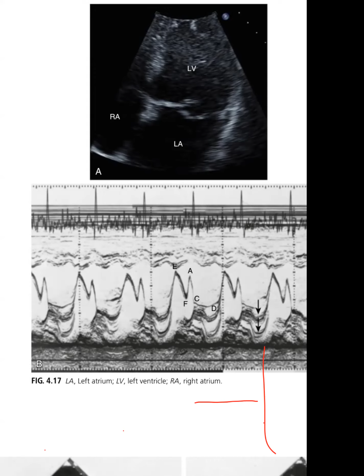That's when you put the cursor on the mitral valve, the M mode line, just like when you are checking for mitral stenosis or using M mode tracing for ejection fraction.